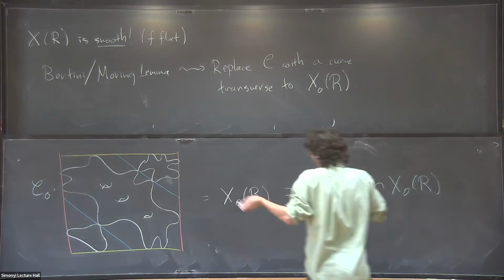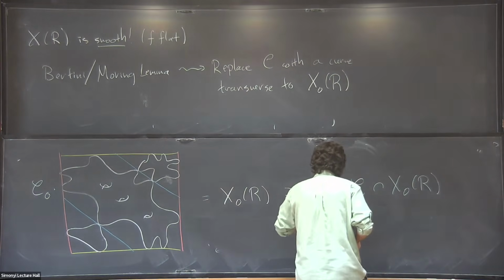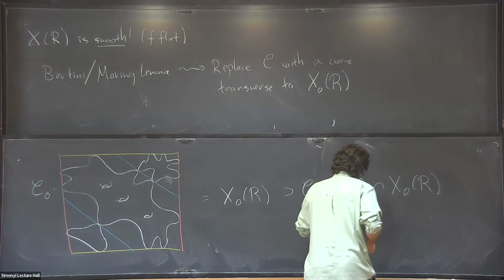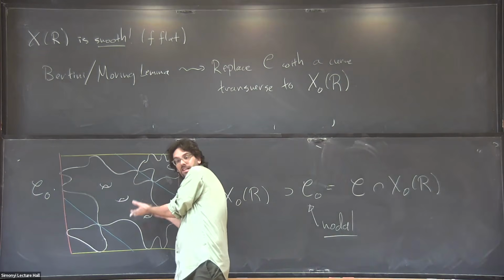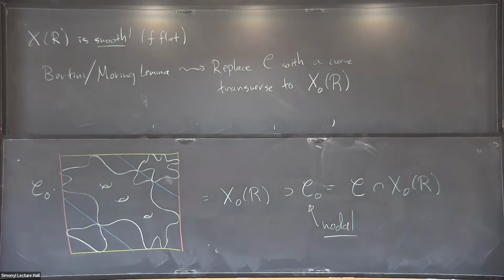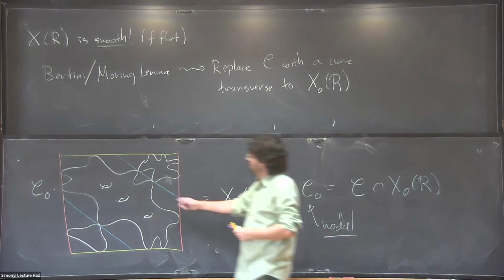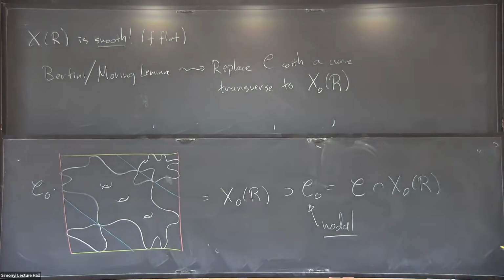The key point is that the curve is nodal. Its irreducible components correspond bijectively with irreducible components of X naught of R. So this is kind of what our curve looks like.